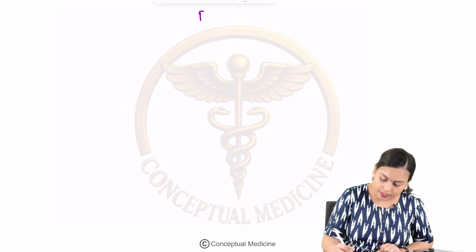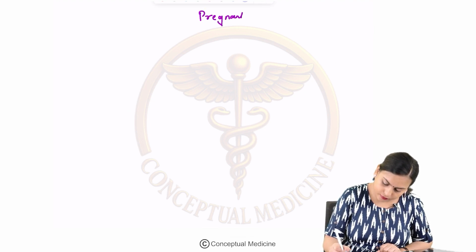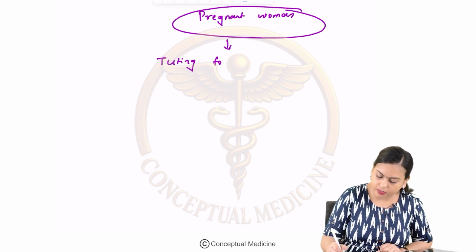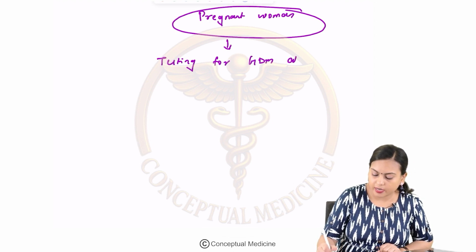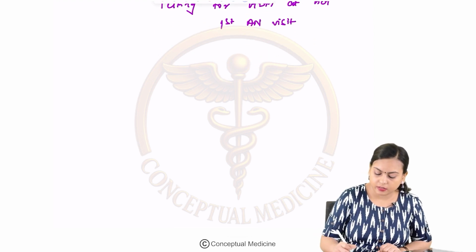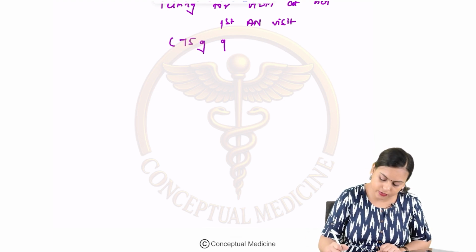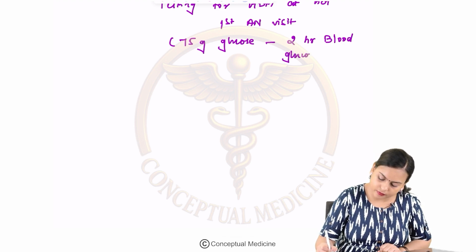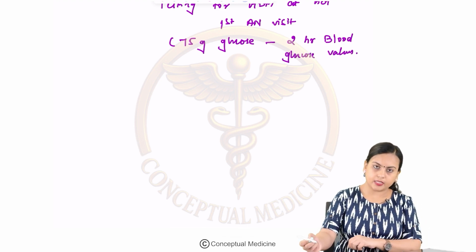So, there is a pregnant woman. I am testing for GDM at her first antenatal visit. What is the grams of glucose I would have given? That is 75 grams of glucose, and we will be checking her 2 hour blood glucose values, right?